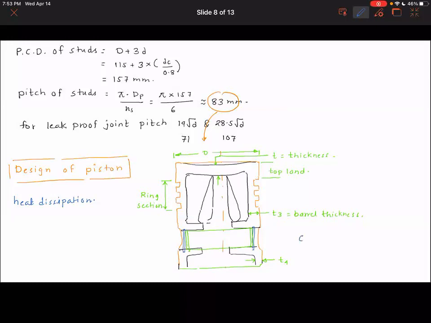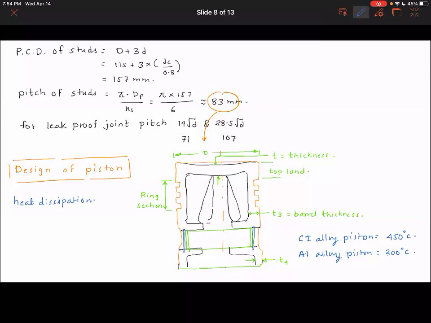So if you were to look at a cast iron alloy piston, you want to make sure that the max temperature is about 450 degrees C. If you look at an aluminum alloy piston, you want to make sure that the piston is about 200 or 300 degrees C. Aluminum pistons are supposed to run at a lower temperature, because aluminum at very high temperature starts losing its strength compared to cast iron.